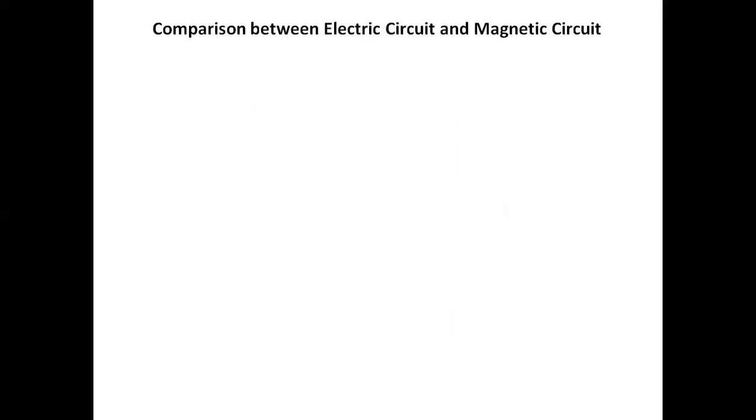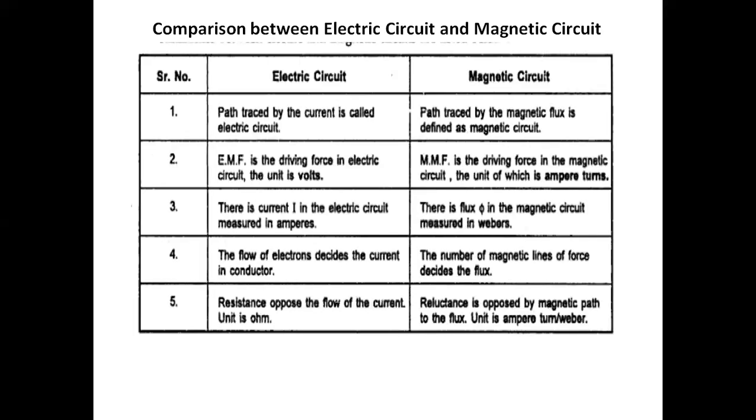Now we'll see the comparison between electric circuits and magnetic circuits. The path traced by the current is called the electric circuit. In the magnetic circuit, it is the flux. The path traced by magnetic flux is defined as the magnetic circuit.